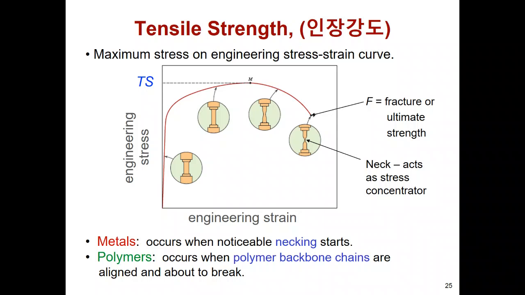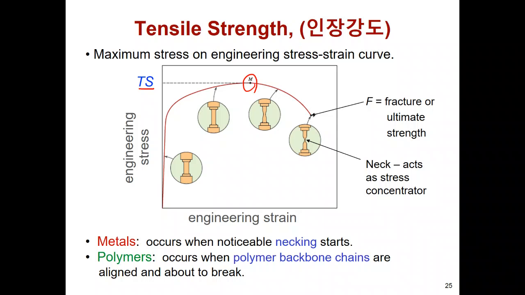The next definition is tensile strength. Tensile strength is the ultimate stress which a solid material can sustain. It is the maximum stress in engineering terms. During plastic deformation, the solid material will show a very large stress value, looking like this.